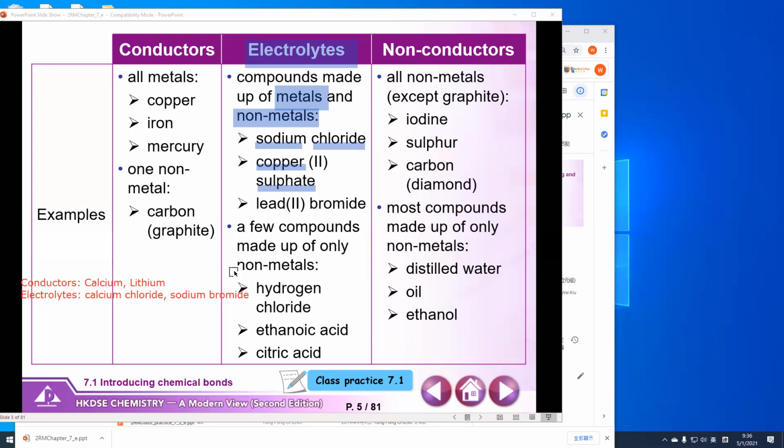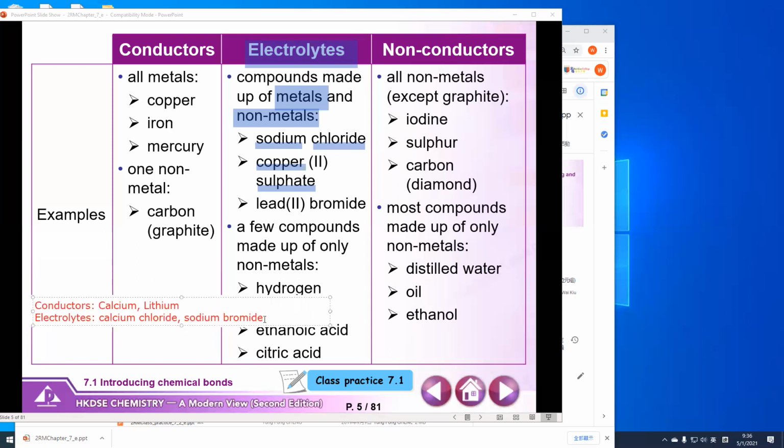Okay, 梁嘉欣, are you here? Okay, tell me the non-conductors as well. Which one is non-conductor? Nitrogen and glucose. Okay, so write down.